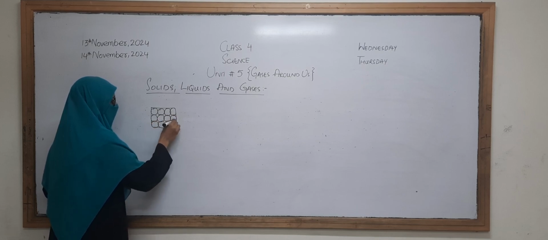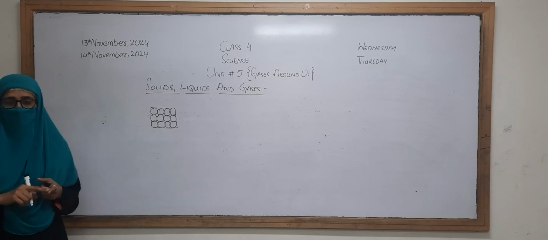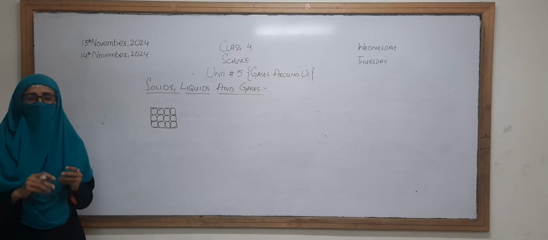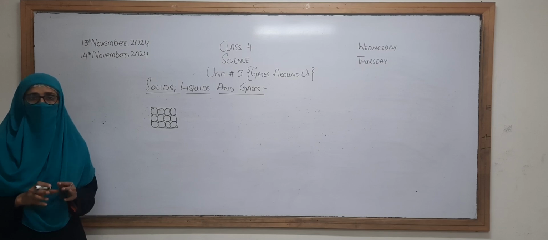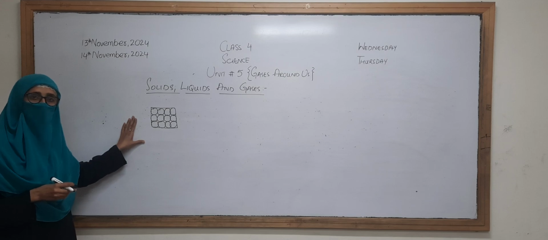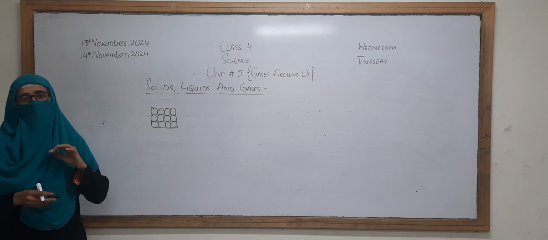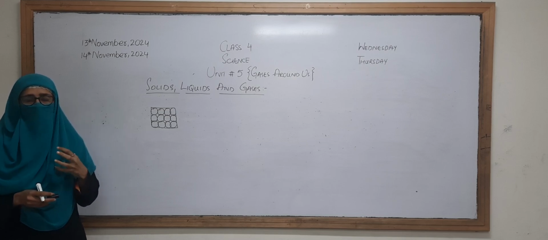This is the factor that makes it hard and gives it a definite shape and a definite volume. Because the particles of the solids are very tightly packed and they can't move here and there, they have a definite shape.